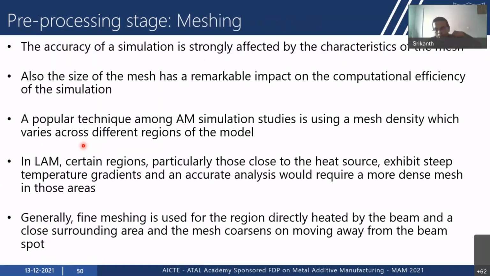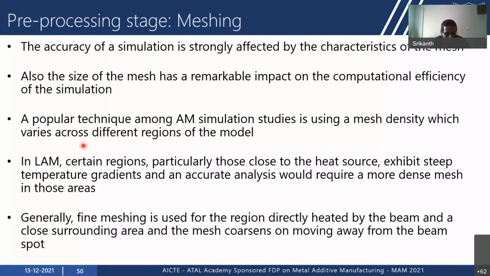Now, one of the important aspects in numerical simulation is meshing. We all know that the accuracy of simulation is affected by the size of the elements, the characteristics of the mesh. But as we decrease the size of the element, the computational time increases. So a popular technique among additive manufacturing simulation studies is to use a mesh density that changes in different regions of the model.